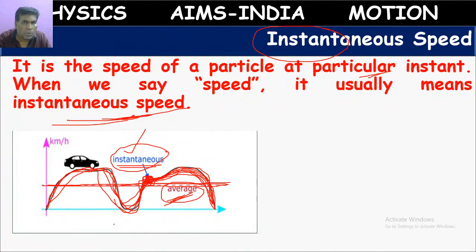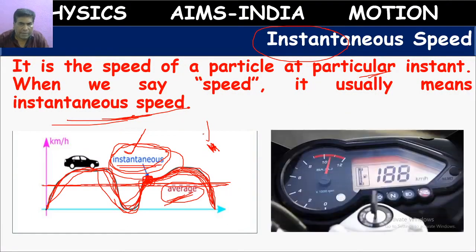But instantaneous speed means speed at that particular instant, that is, speed between very small intervals. At that instant we call it instantaneous speed.